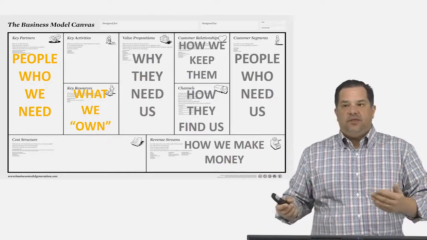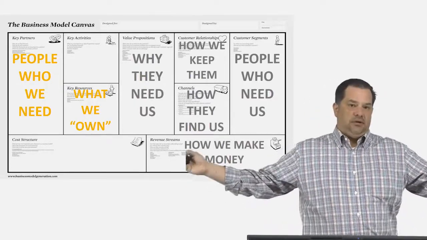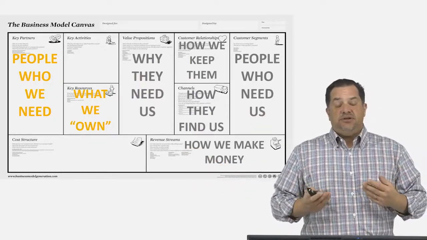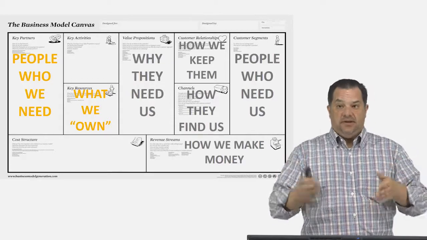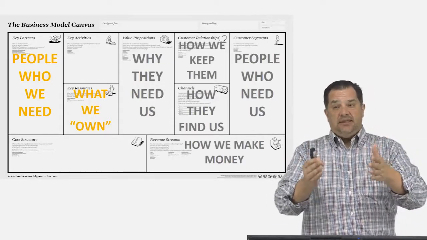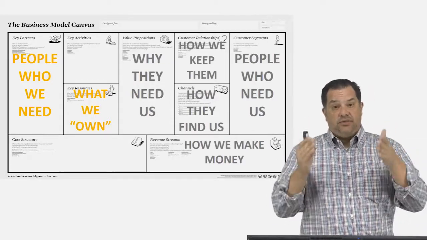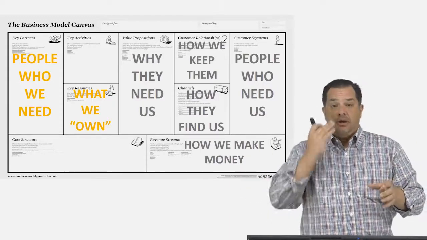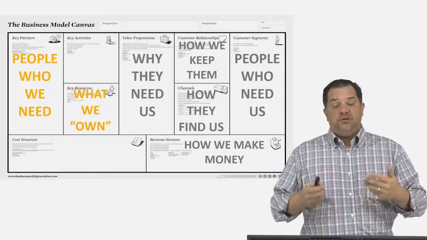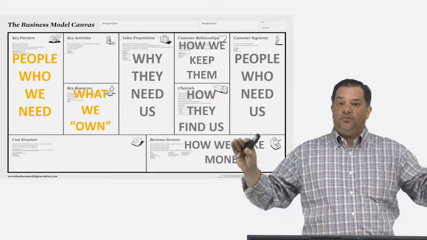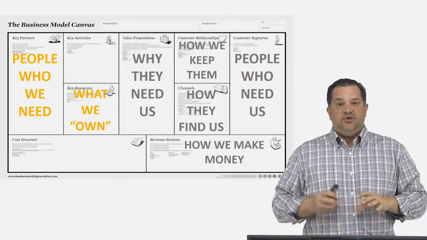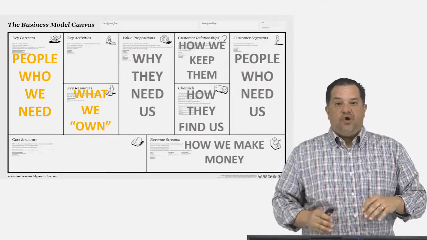A lot of times we think that we have to do the whole thing from beginning to end. But successful startups typically know what they do, and they find great partnerships with people upstream and downstream where they can create relationships and contracts, and let those people do what they do well as well. So this is our overall map.